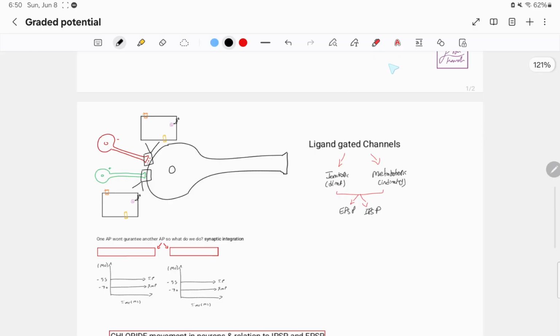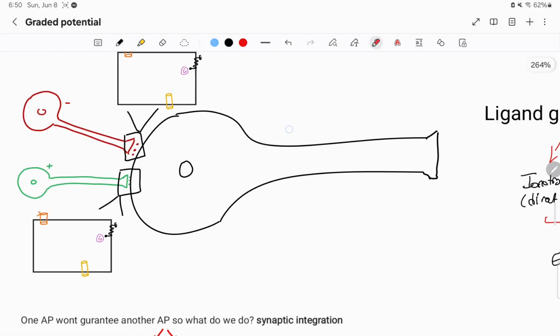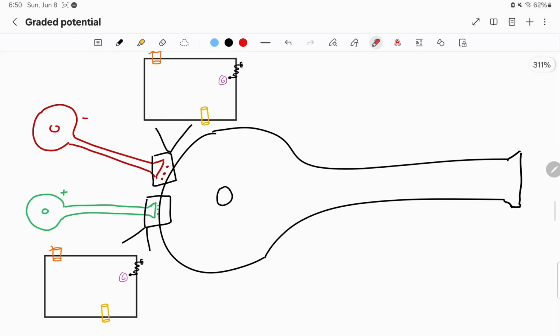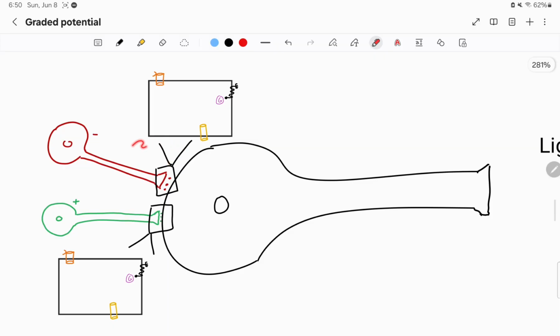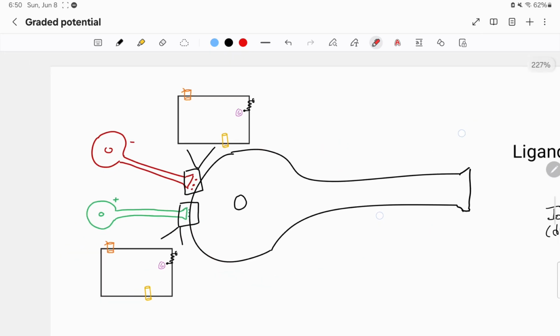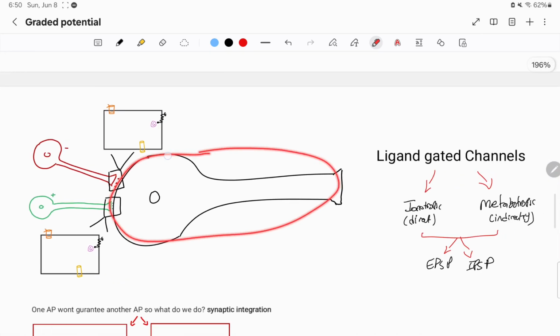Now, another thing. You know a neuron, right? Here's a neuron. This neuron here is currently in a synapse with two different neurons. If you remember from the first video, we said that this would be a presynaptic neuron, this would be a presynaptic neuron, and this would be a postsynaptic neuron. This neuron is being acted on by two different neurons.